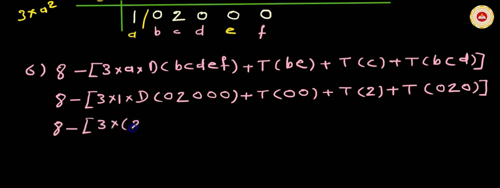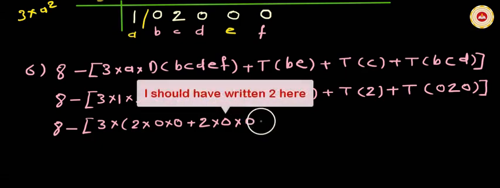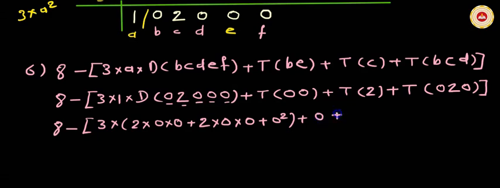Okay, see, 2 multiplied by the product of end digits, 0 multiplied by 0, plus 2 multiplied by the inner end digits, that is 2 multiplied by 0 multiplied by 0, plus the middle digit squared, that is 0 squared, plus triplex of 0 0, which is 0 only, plus triplex of 2, that is 2 cubed, which is 8, plus triplex of 0 2 0, which is of course 0, because triplex of 3 digits is 6 multiplied by x multiplied by y multiplied by z, that means it is 0.